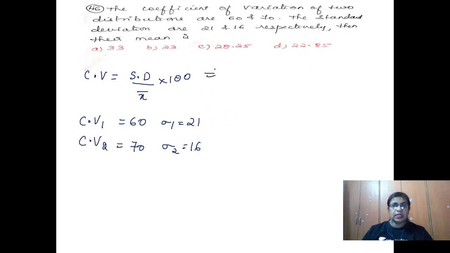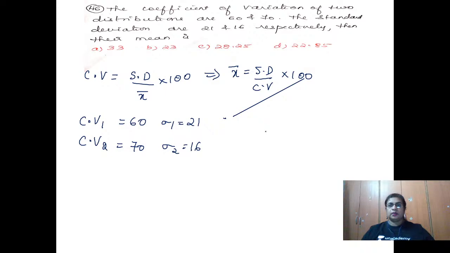Now from this formula, x bar is nothing but standard deviation by coefficient of variation into 100. So x1 bar is equal to 21 by 60 into 100.